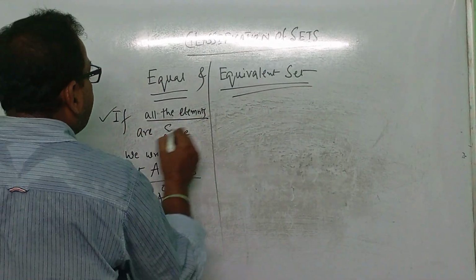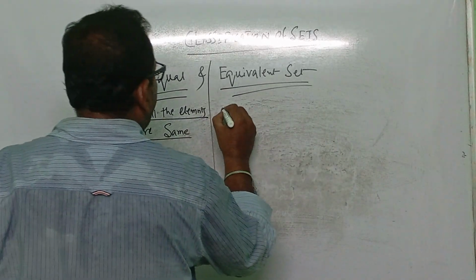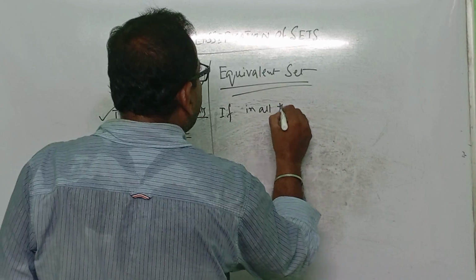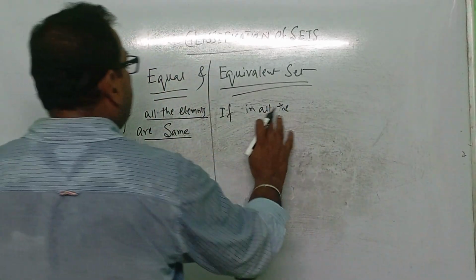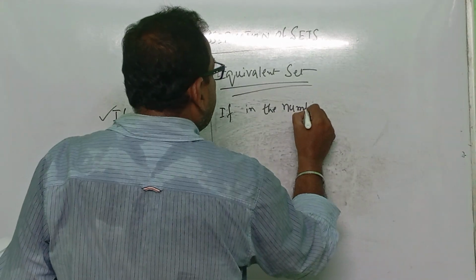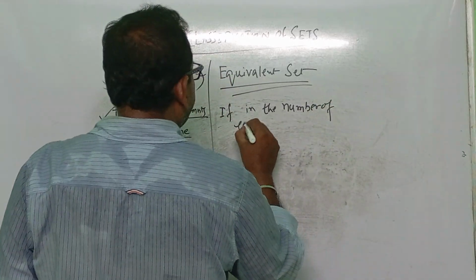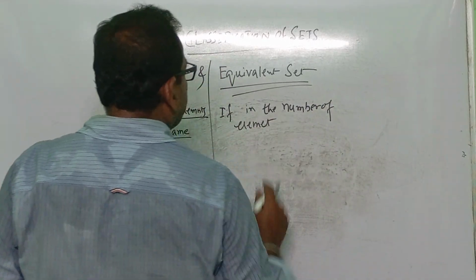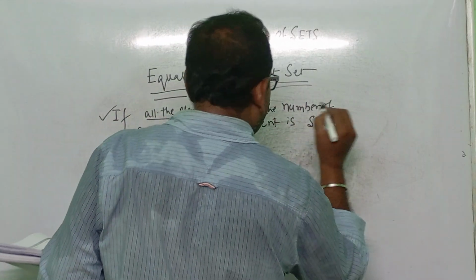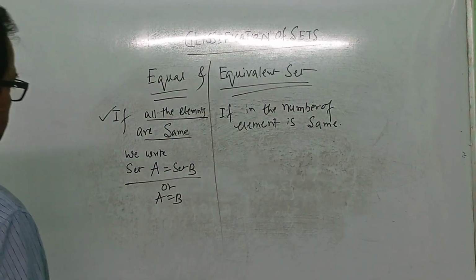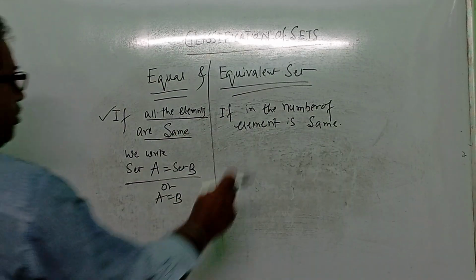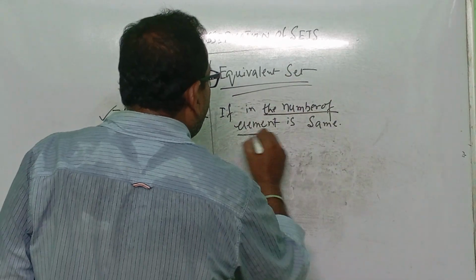Now, for equal, all the elements are the same, but for equivalent, the number of elements is the same. Equal means all the elements are the same. Equivalent means the number of elements is the same.